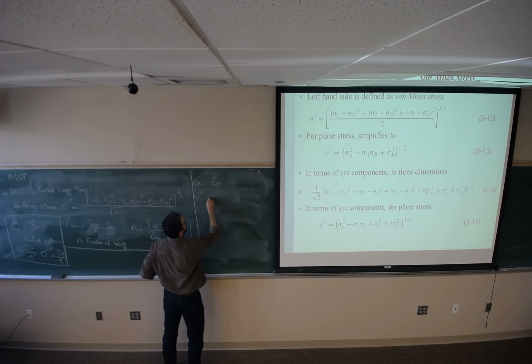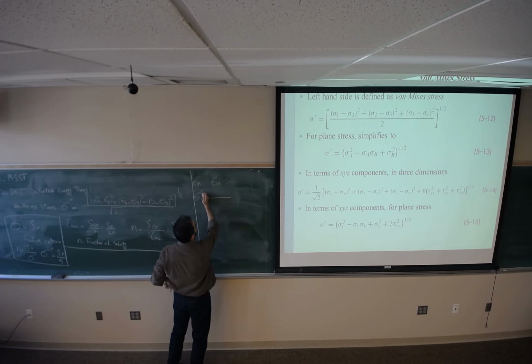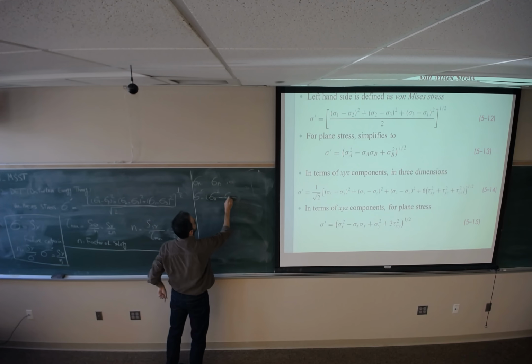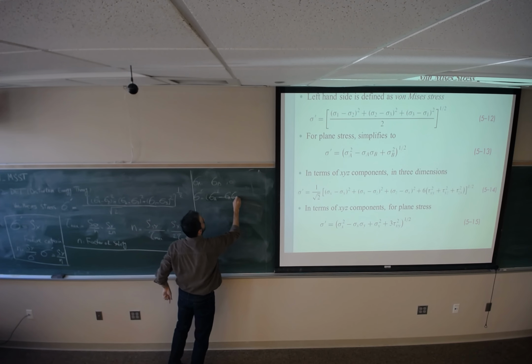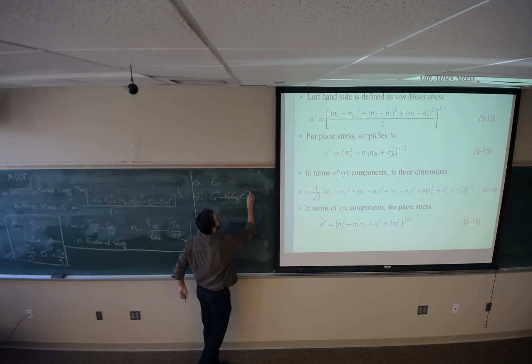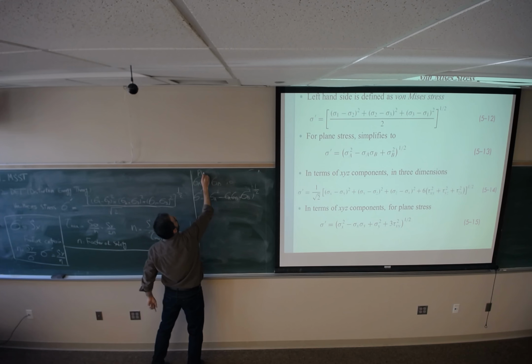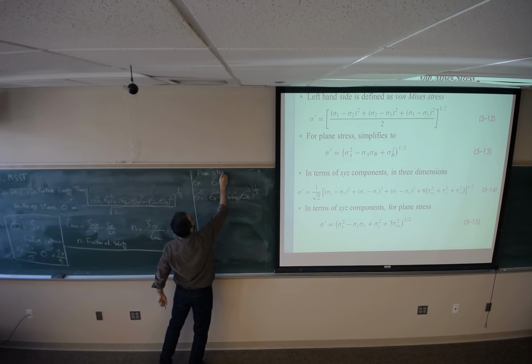Sigma prime is going to be sigma A squared minus sigma A sigma B plus sigma B squared for plane stress.